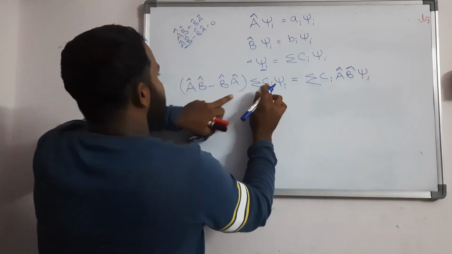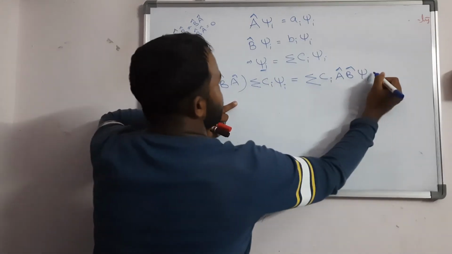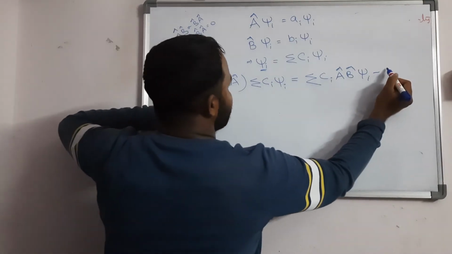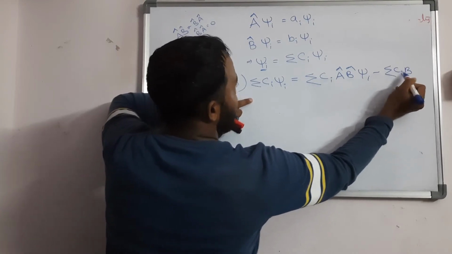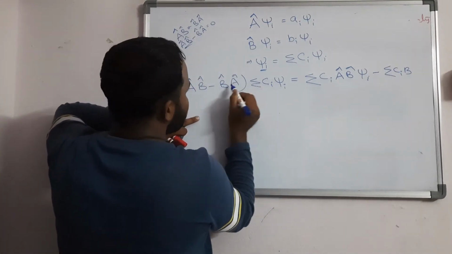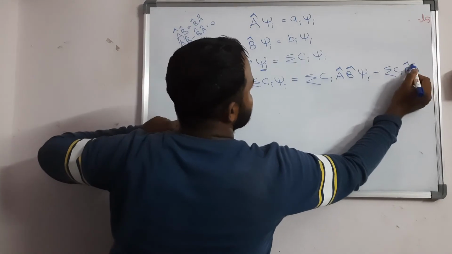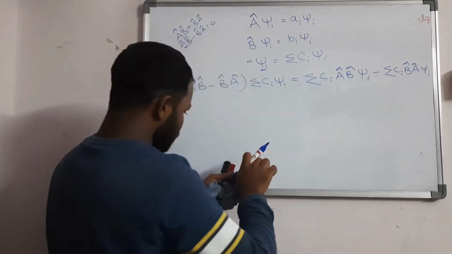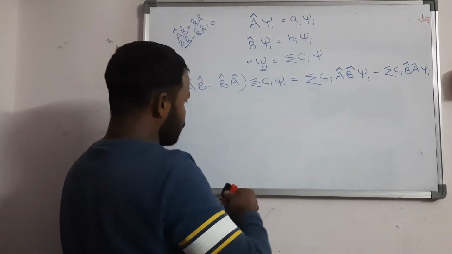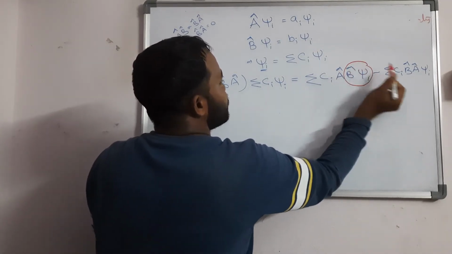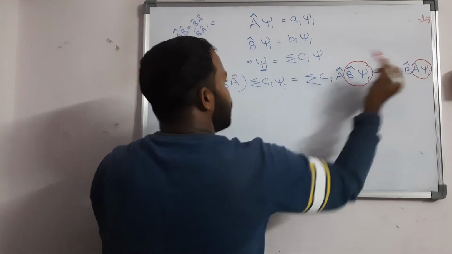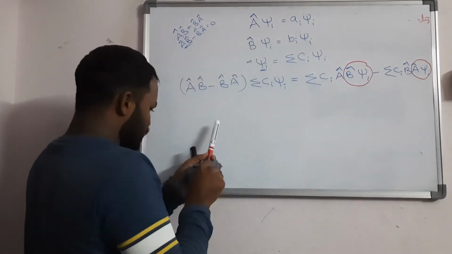Just inserting this A cap B cap inside, then minus, you are left with summation ci into B cap A cap into again psi I. If you observe clearly, B cap psi I value is what? Then A cap psi I is what? I already wrote it at the top.